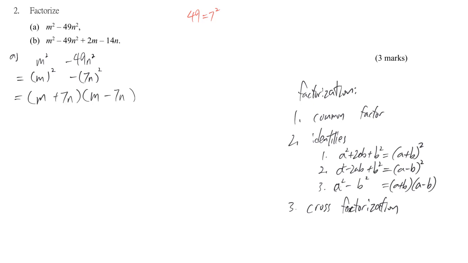If you are not sure whether this factorization is correct, then you can expand it yourself. m plus 7n, m minus 7n. This is the draft, and then we are going to test it. Assume that I expand the first bracket, we have m something, positive 7n something.